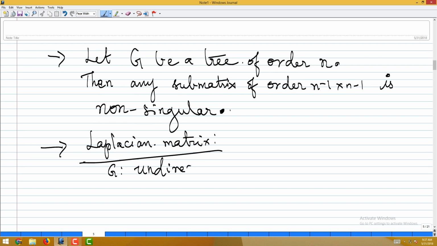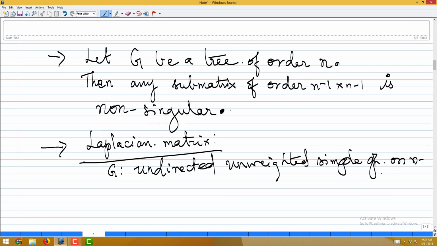Okay. So, let us keep it simple: undirected, unweighted graph. In fact, I do not want to allow at this point of time any loops or multiple edges also. A study of spectral properties in each of those cases is also possible.